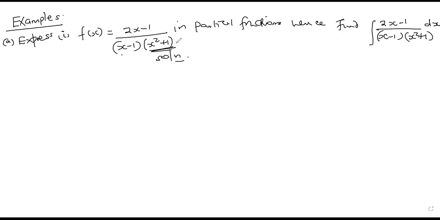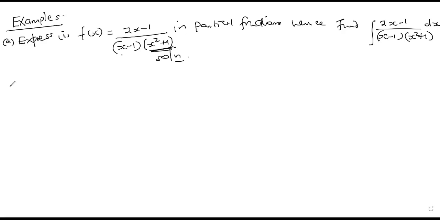But this one is a quadratic that can't be factorized. If it was like x squared minus 1, we would treat it like last time, it would be x minus 1, x plus 1. But this is x squared plus 1. It cannot be factorized.